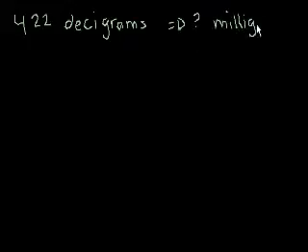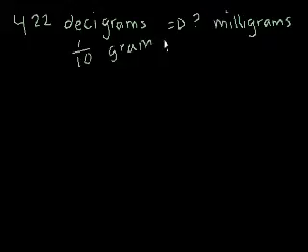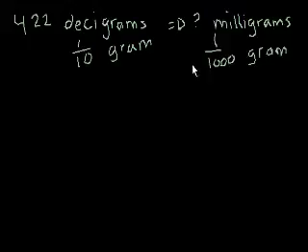Before we start the problem, let's just do a reality check. Am I going from a bigger unit to a smaller unit, or a small unit to a bigger unit? Decigrams, that's 1/10 of a gram. And I'm going to 1/1000th of a gram. There's two ways of doing this. We can convert to grams and then convert to the other unit. That sometimes makes things easy. Or we could say, how many milligrams is equal to 1 decigram? A milligram is 100 times smaller.